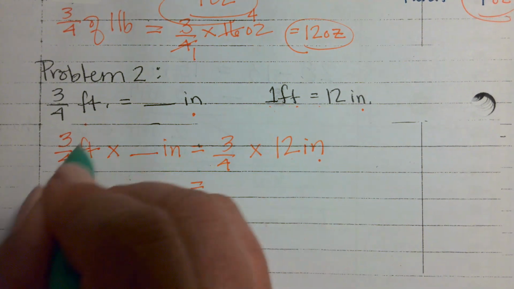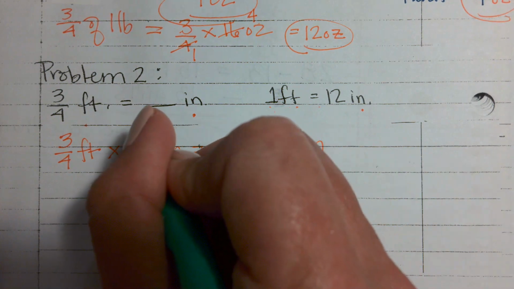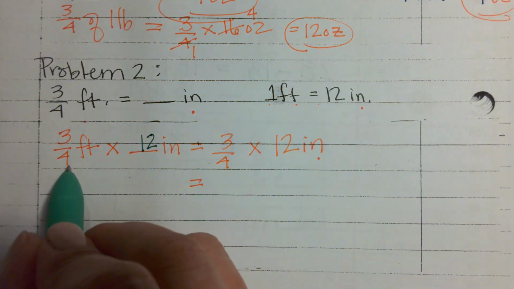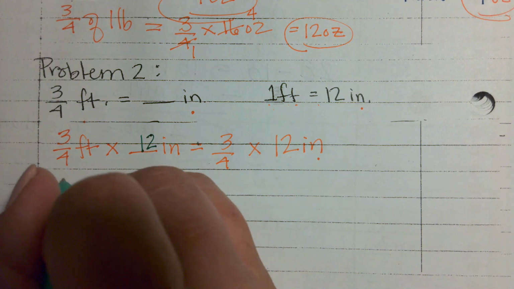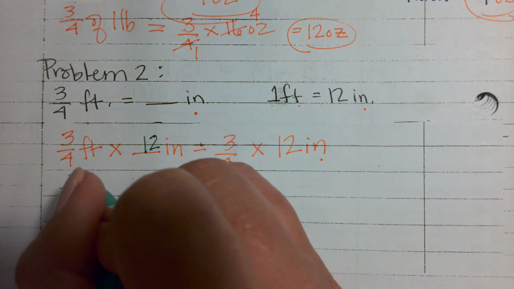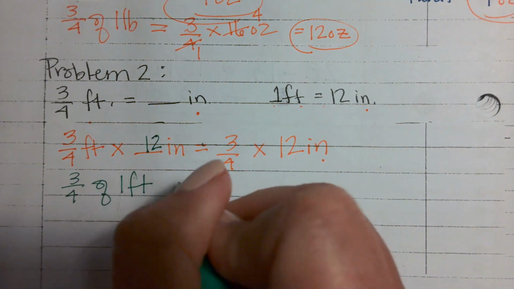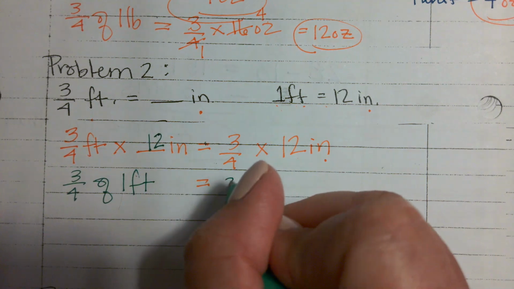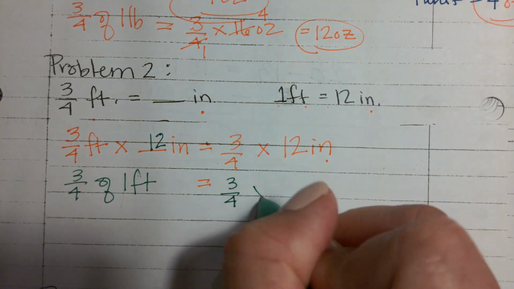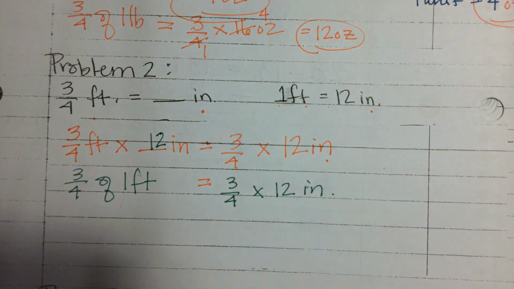So I don't like the way I did this. I'm going to write 12 inches over here. Or do you know what I want to do? I think I want to write it like this. 3/4 of 1 foot is equal to 3/4 times 12 inches. I like that better.